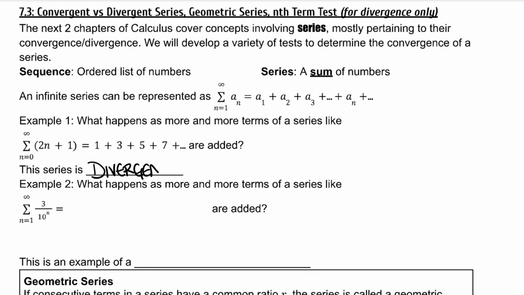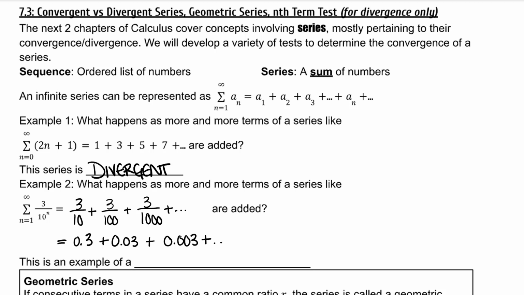What happens as more and more terms are added to a series like 3 over 10 to the n? If I plugged in 1, our first term would be 3 over 10 to the 1. Plugging in 2, 3 over 10 to the 2. What if I wrote this as decimals?